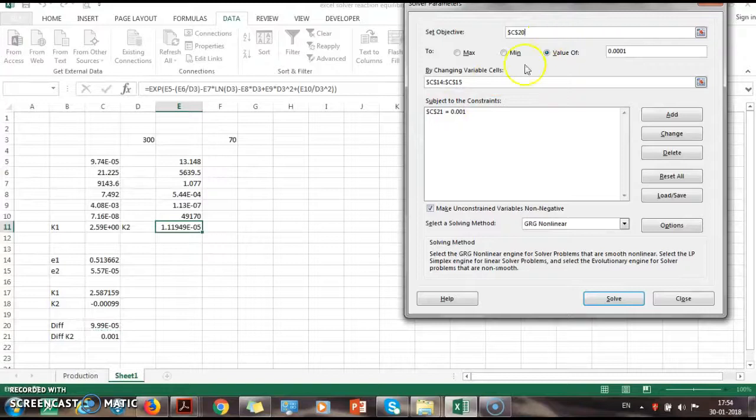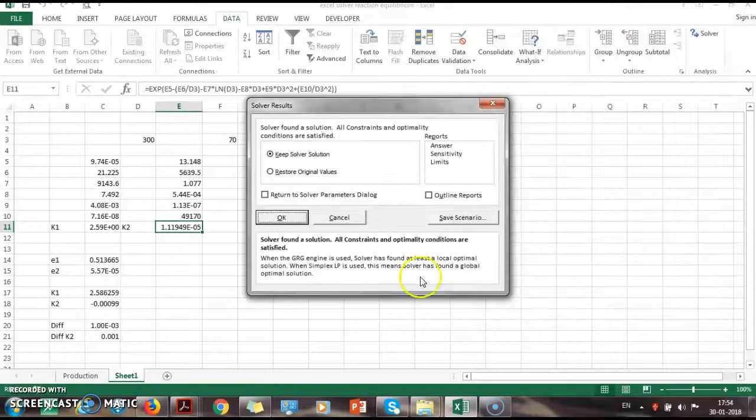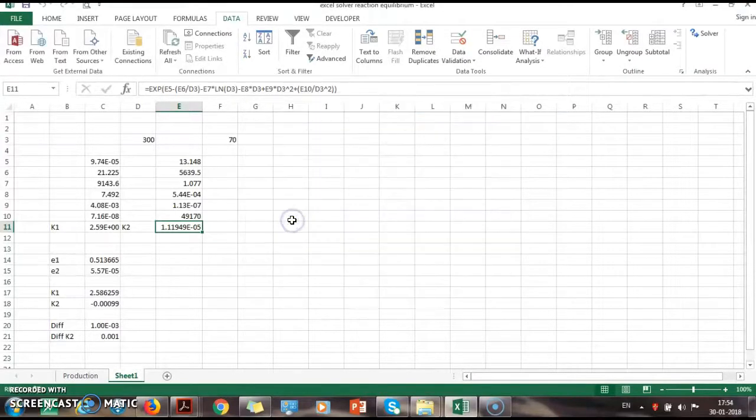I got C20, which is this, and I want the difference between K1 of this and this to be almost 0, that is 0.001, by changing C14 and C15, that is these two. And I'll put this as 0.01, and I also want the difference of this K2 and this to also be 0. So I'll put that as a constraint. I've added that as a constraint, and then I'll press solve. So I'll get the solution.